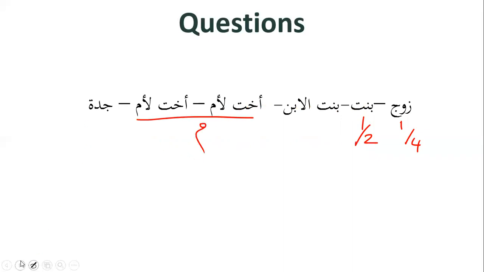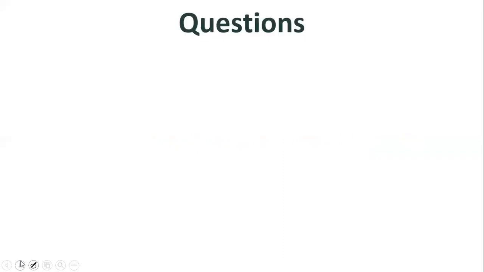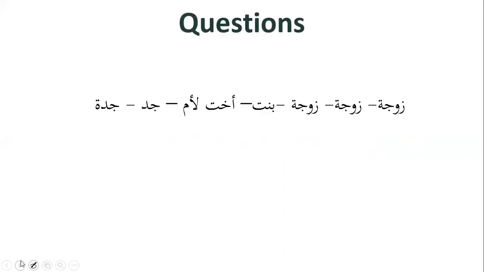And Jadda we haven't covered as yet. In this question, zawja all together would receive 1/8. Bint will receive half. Ukht li ummin will be mahjub. Jad is 1/6 plus asaba. And Jadda we haven't done yet.